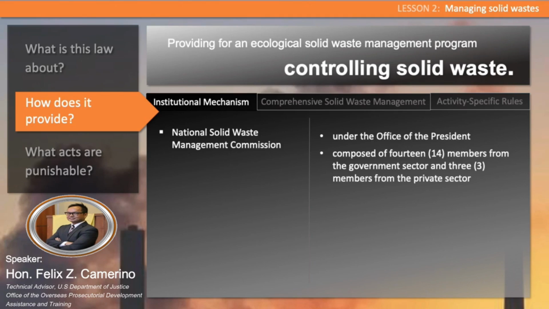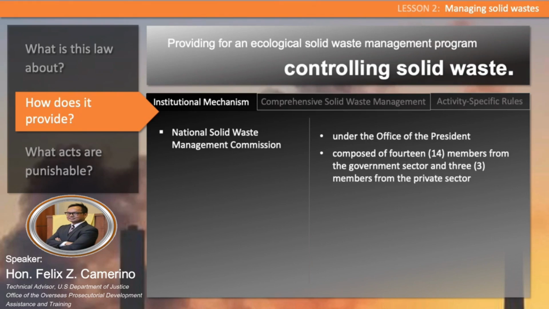There's DOH, DTI, and the Department of Agriculture. So there's quite a number that I won't mention. But in addition to these national government agencies, the League of Provincial Governors are also members, League of City Mayors, League of Municipal Mayors, including Association of Barangay Councils. Okay, TESDA is also among the 14 government entities, and lastly, the Philippine Information Agency.